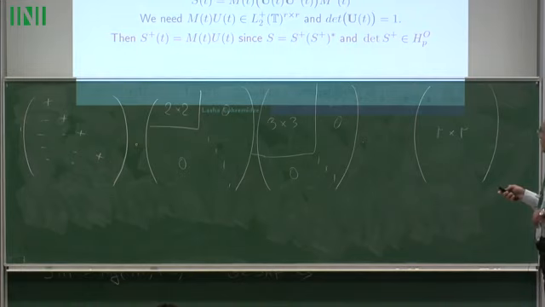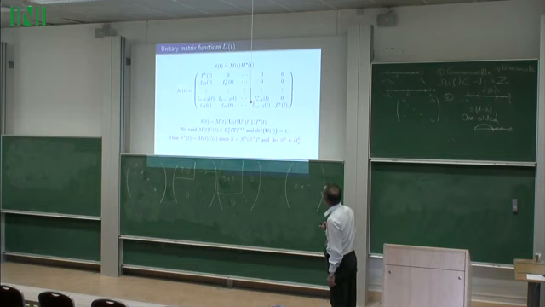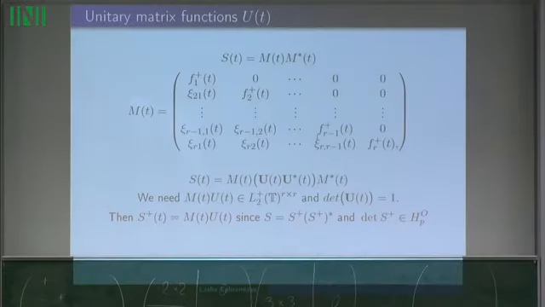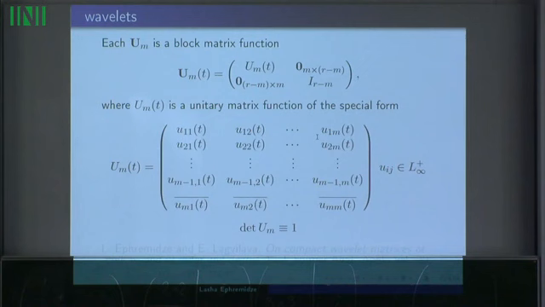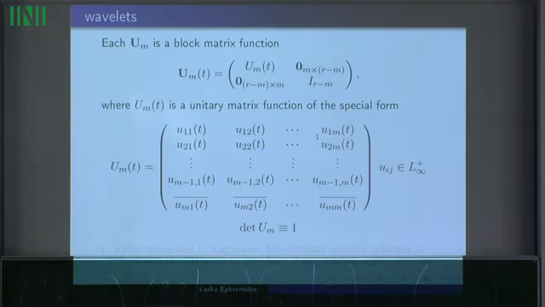Okay, this is represented here. So this product will be, as I told, the spectral factor of S, and for this reason each matrix now is described here.